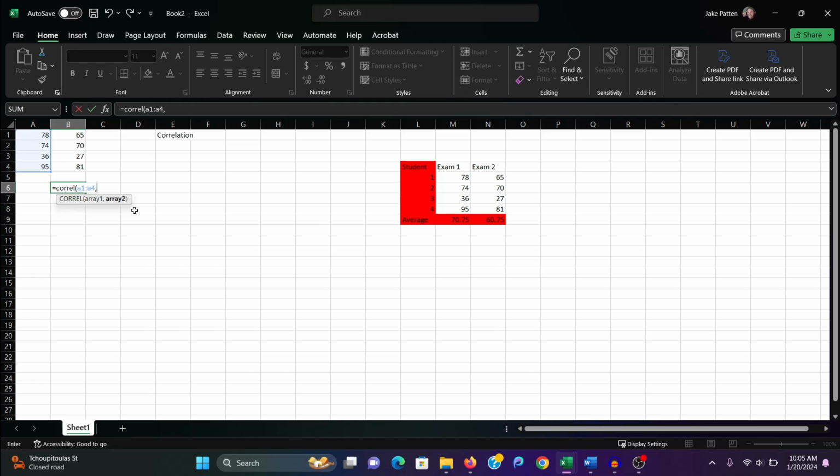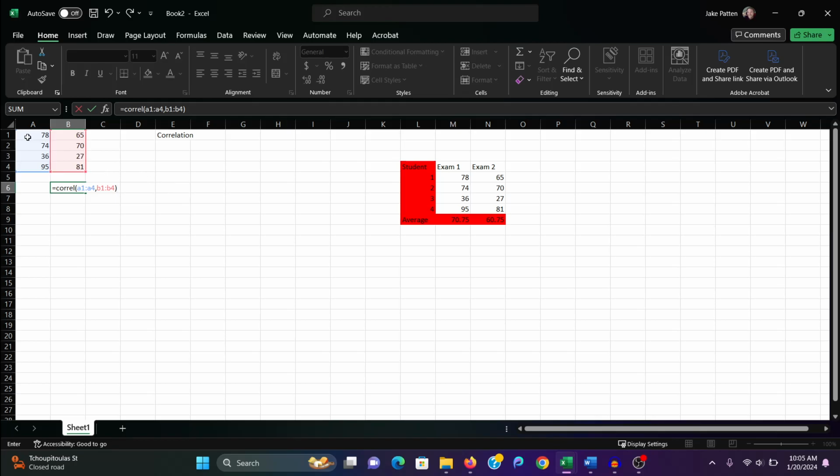And then you're going to put in a comma. Next, you want to do B1 through B4. So essentially what this is doing is it's saying, give me the correlation between exam 1, and we have to give it the range for exam 1 and the range for exam 2. Here's the range for exam 2, and then hit enter, and it's going to do it.